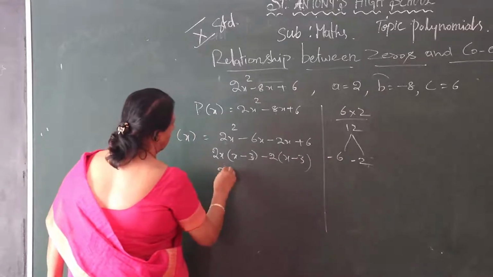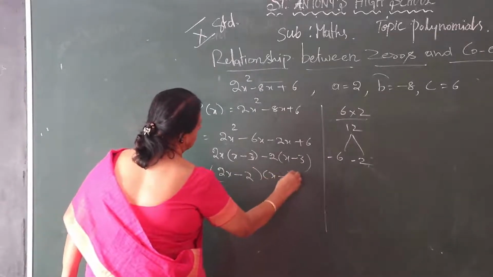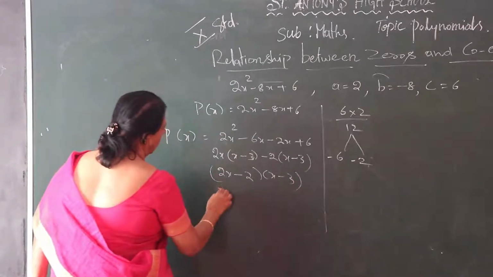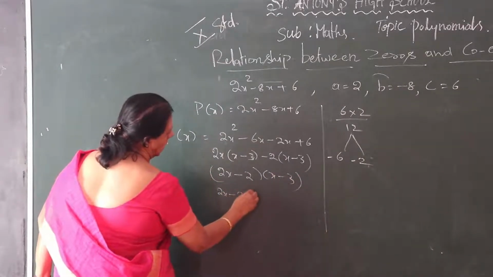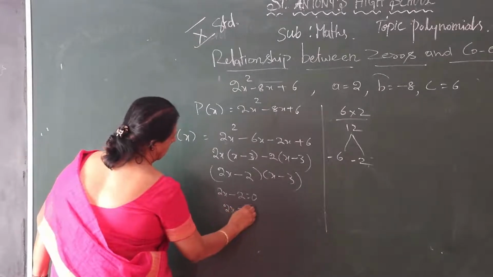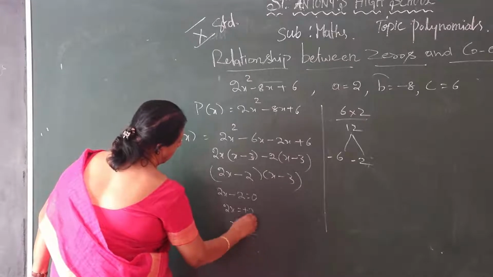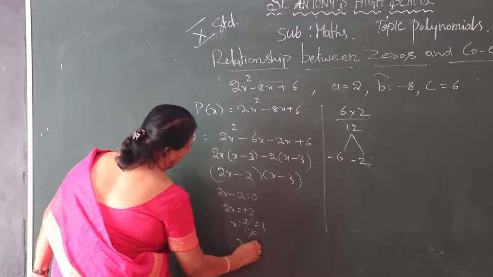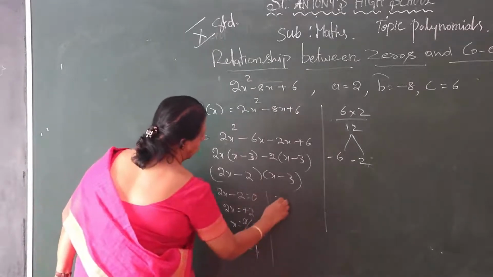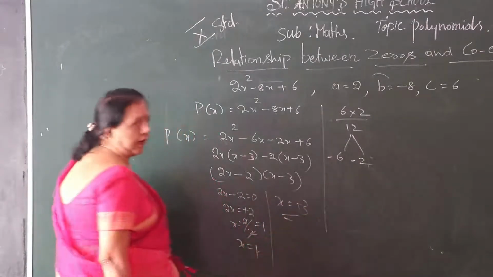So here 2x minus 2 and x minus 3. Therefore 2x minus 2 is equal to 0, 2x is equal to plus 2, x is equal to 2 by 2 is equal to 1. So the x value is 1. Another one, x is equal to plus 3. So 1 and 3 you are getting.